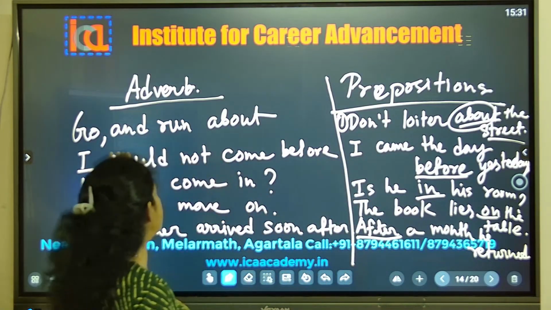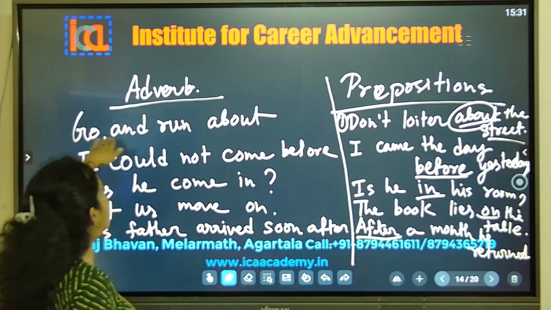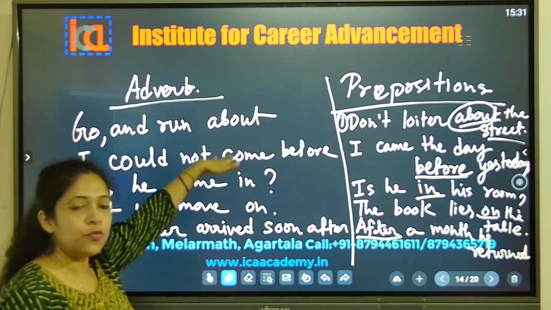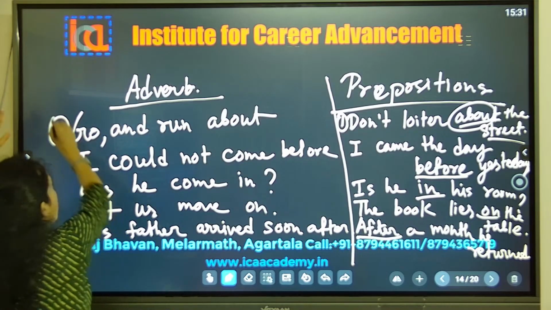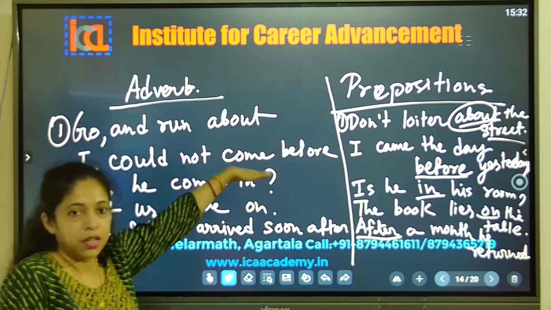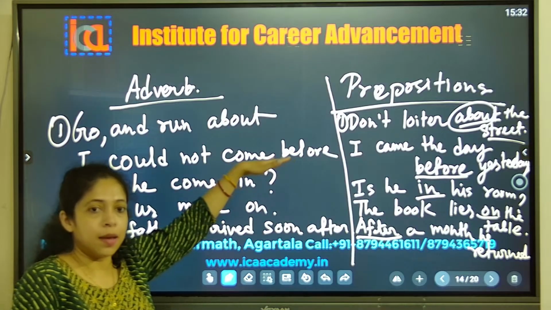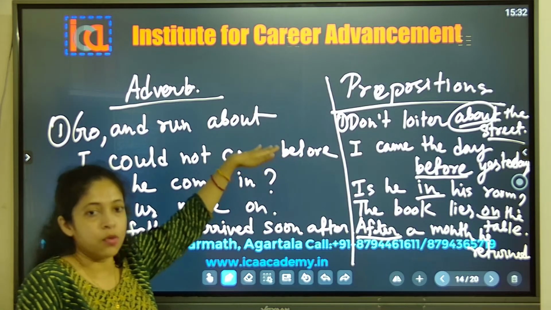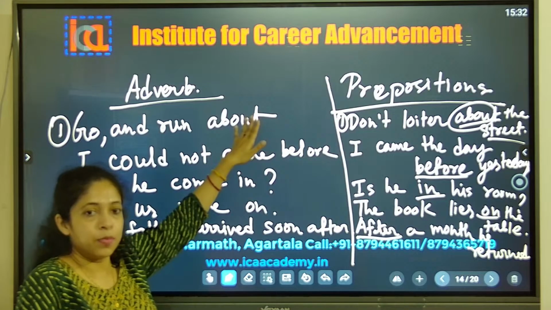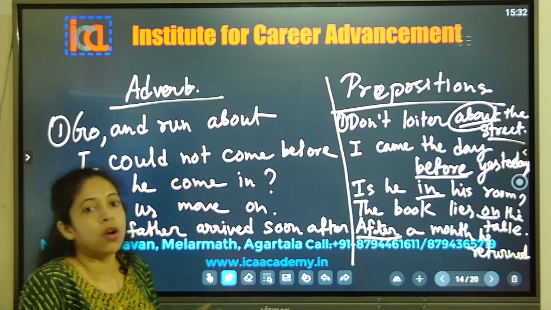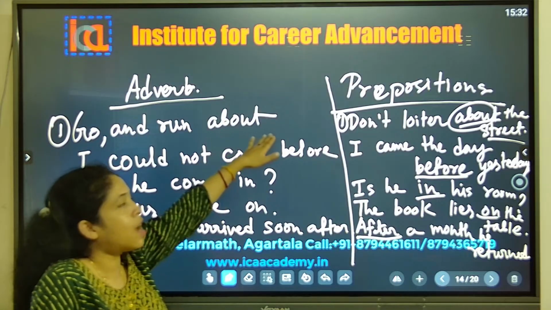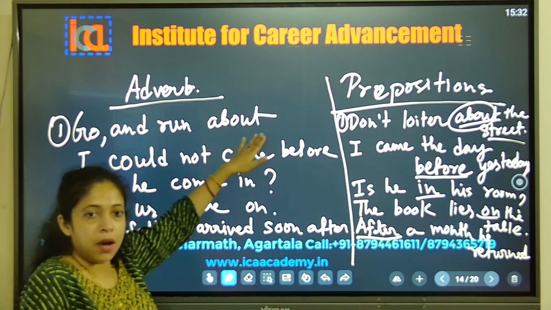But here you go, in this sentence: go and run about. Are you finding any noun in this sentence, in the first sentence? Go and run about. Are you finding any noun here after the preposition? We know about is a word which is called a preposition. But are we getting any noun here after about or before about?